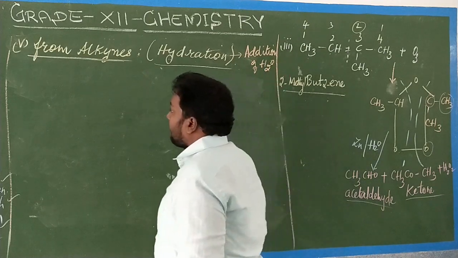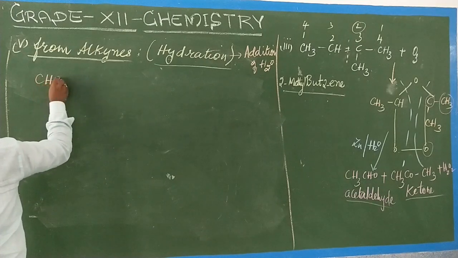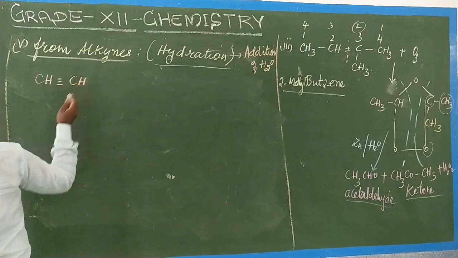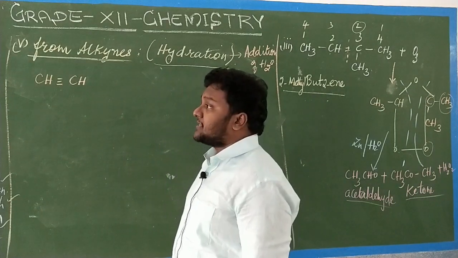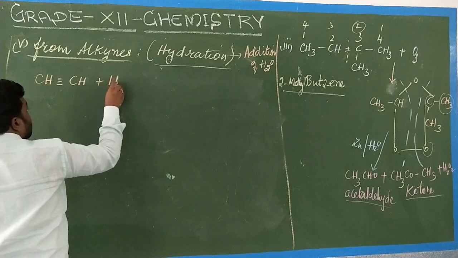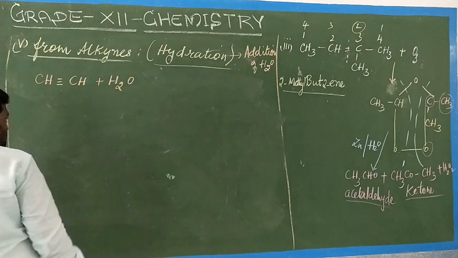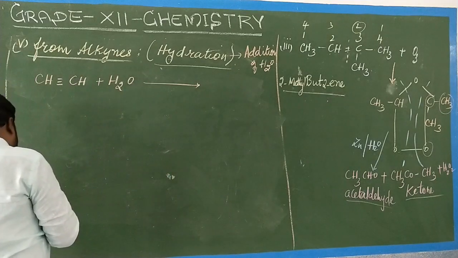Now see, we take an unsaturated hydrocarbon, say for example CH triple bond CH. Alkynes must have a triple bond because it is an unsaturated hydrocarbon. Alkynes on hydration means mixing with water in the presence of hydrating mixture.